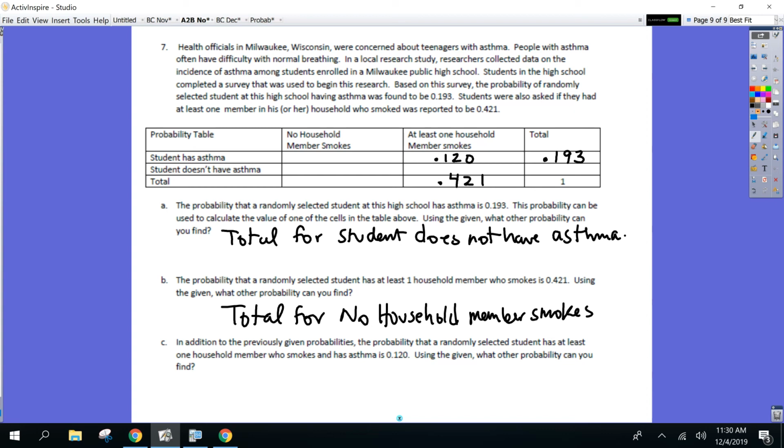So what other probability can we find now? Let's make this easy. Fill in the rest of the table. So do the rest of the problem, please, and we'll compare our answers, and then I'll let you get to work.